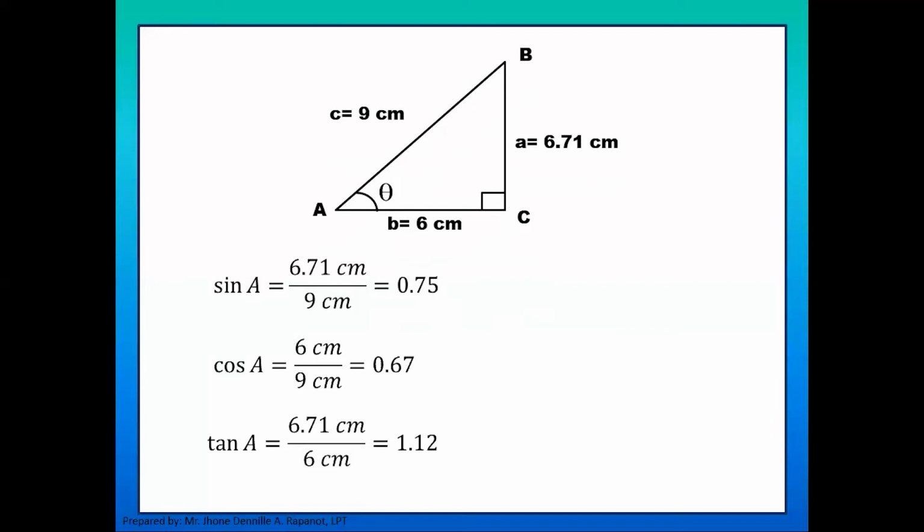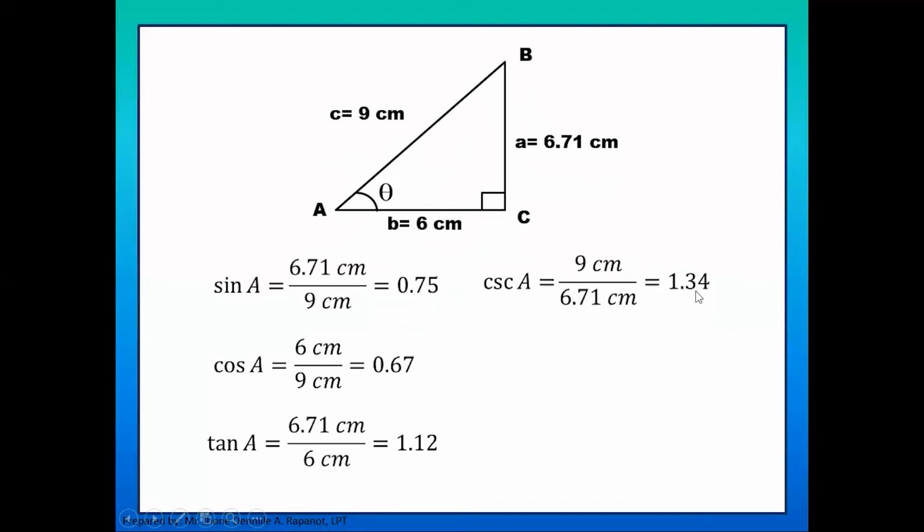Okay. Now for the other trigonometric functions, our cosecant, that is the reciprocal form of your sine. So that is hypotenuse over opposite. So we have values for those things. We have 9 centimeters divided by 6.71 centimeters.